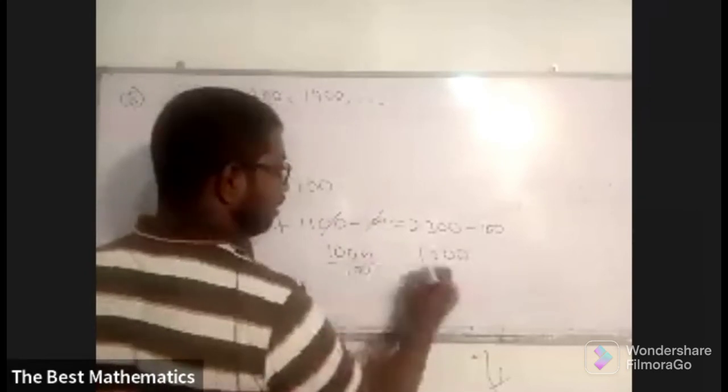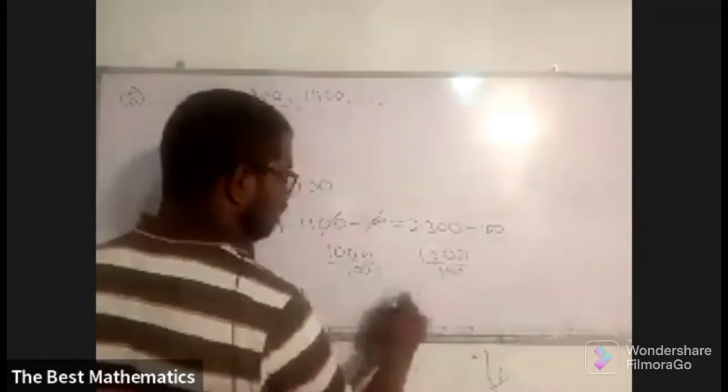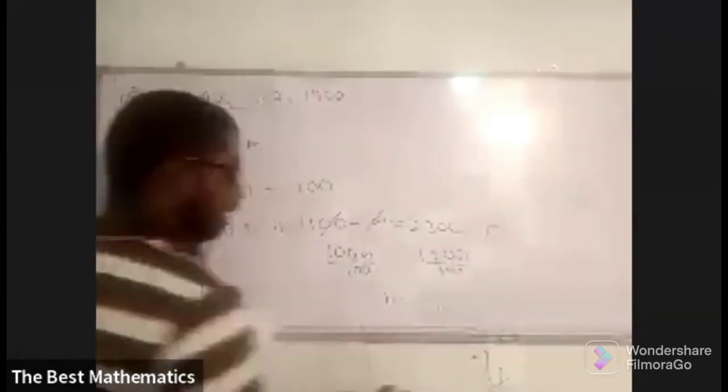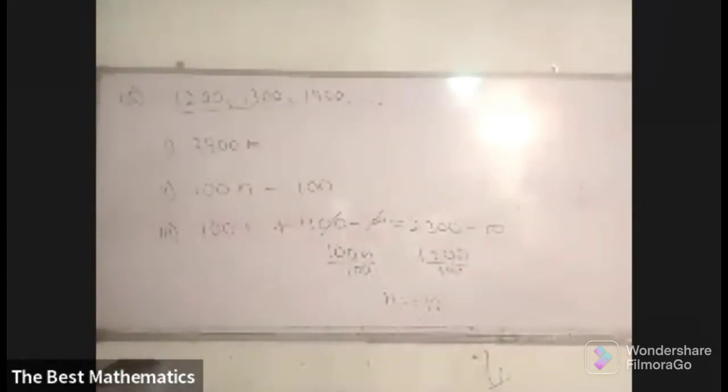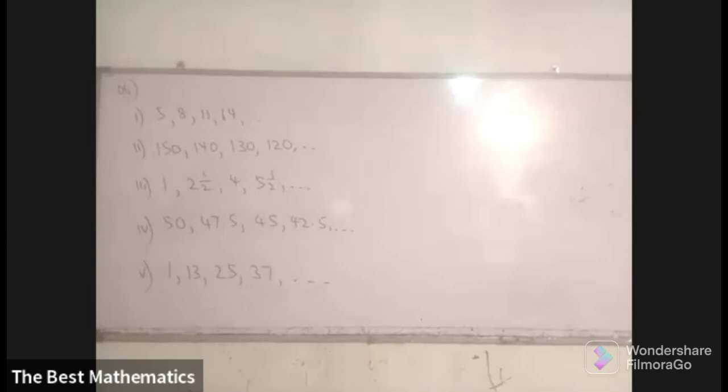Divide by 100, n equals 12. Then he will run 2,300 meters on the 12th day. Yes. Okay. Check your answers and correct them if there are mistakes, and let's go for the next question.